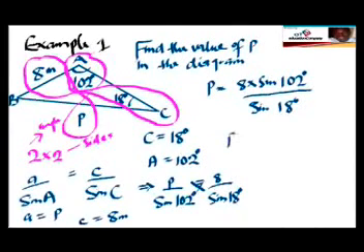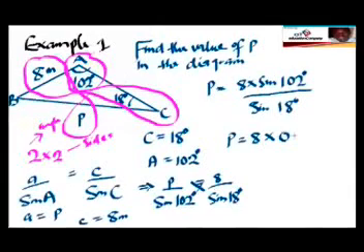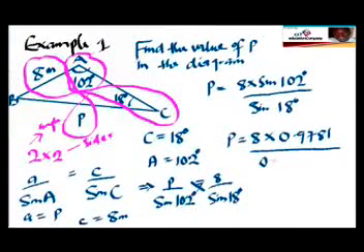So we'll just take this here. 8 times sine of 102 is 0.9781, divided by sine of 18, which is 0.3090.